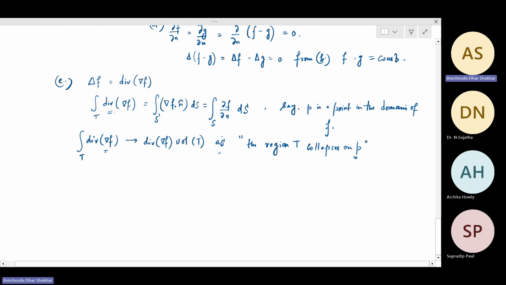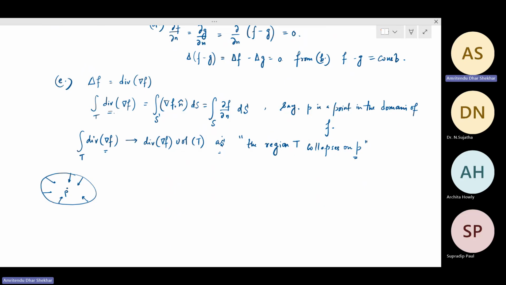So essentially what this means is that let's say you have a region T and you have this point P. If you constantly shrink this region and make it tend towards P, then of course this is what you get.